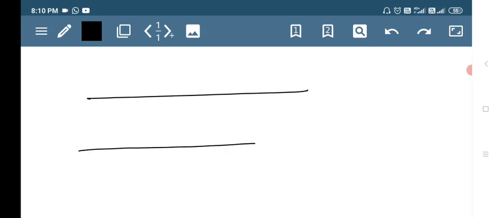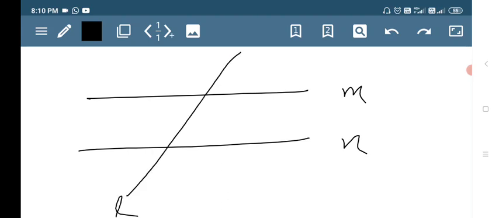Consider two lines, maybe M and N, and a transversal L passing through M and N, intersecting at points P and Q on the lines M and N respectively.